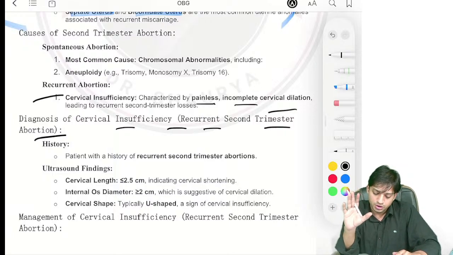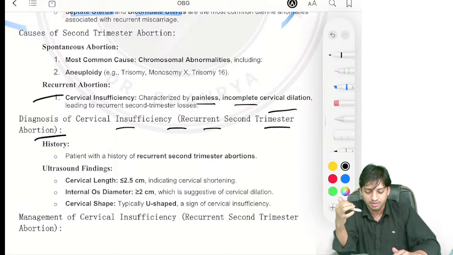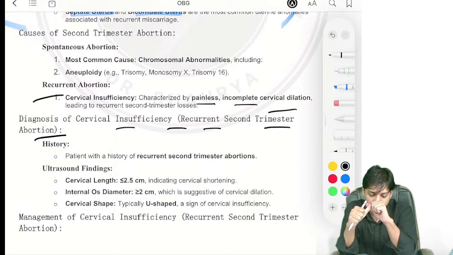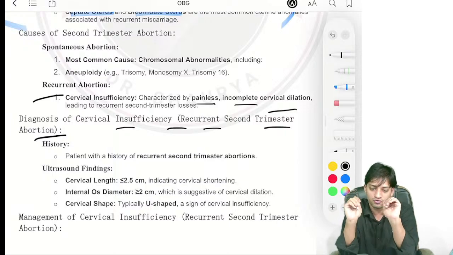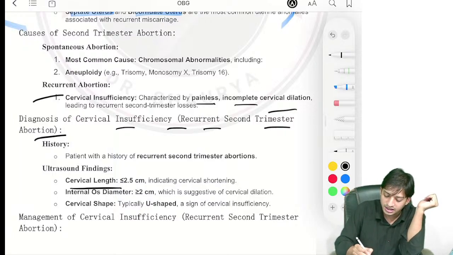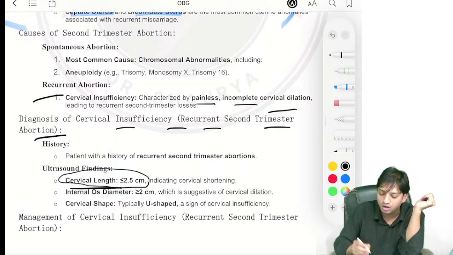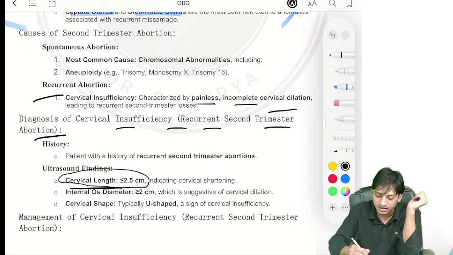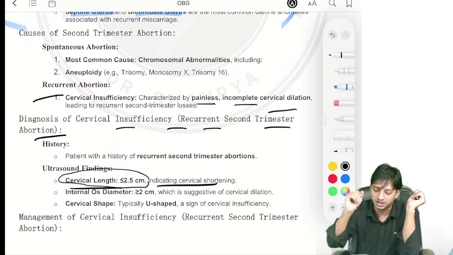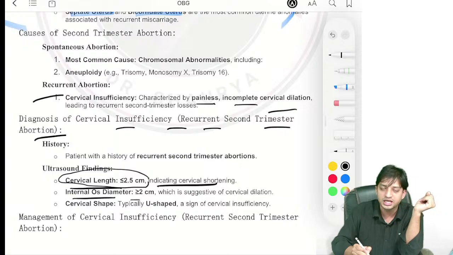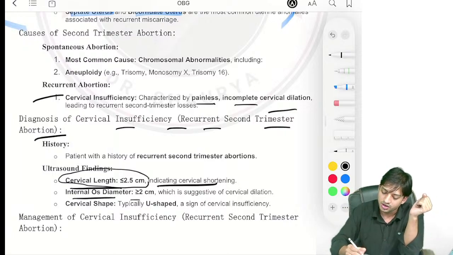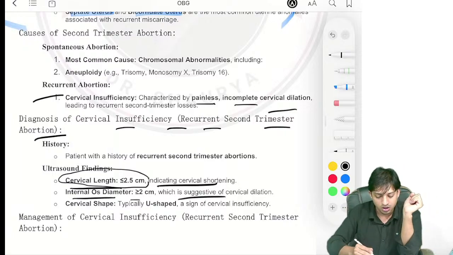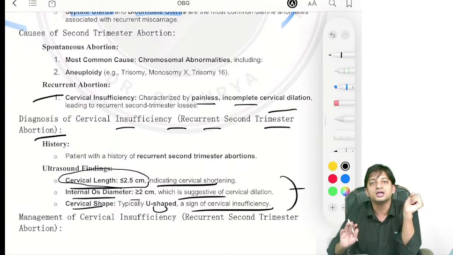You will take the history. If the patient has a history of recurrent second trimester abortion, and in the ultrasound they give you cervical length less than or equal to 2.5 centimeter, this indicates a short cervix, right? Internal os diameter more than or equal to 2 centimeter suggests cervical dilatation, and the cervical shape is generally U shape. These are the signs of cervical insufficiency.